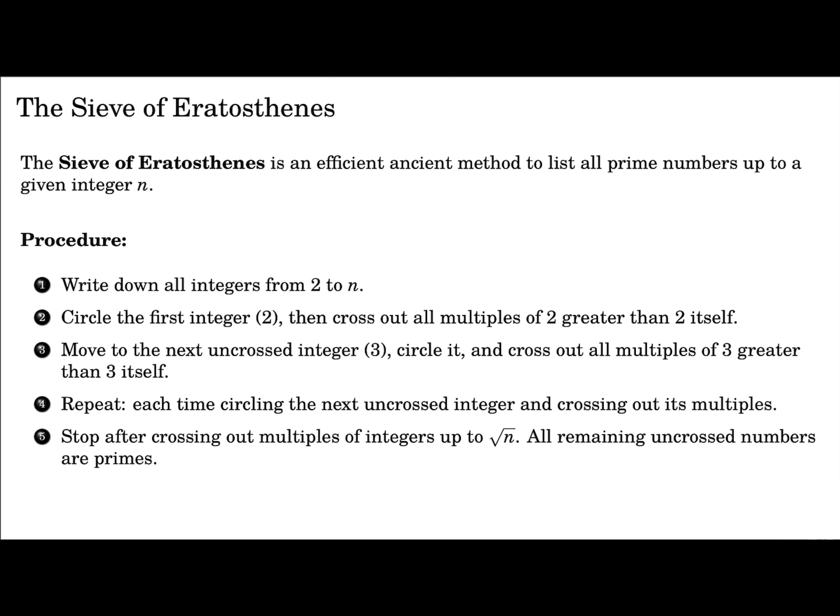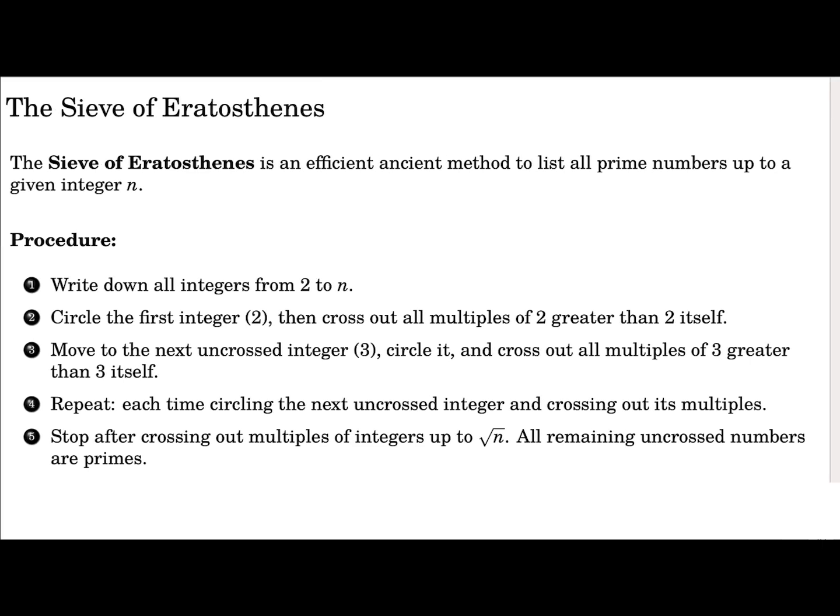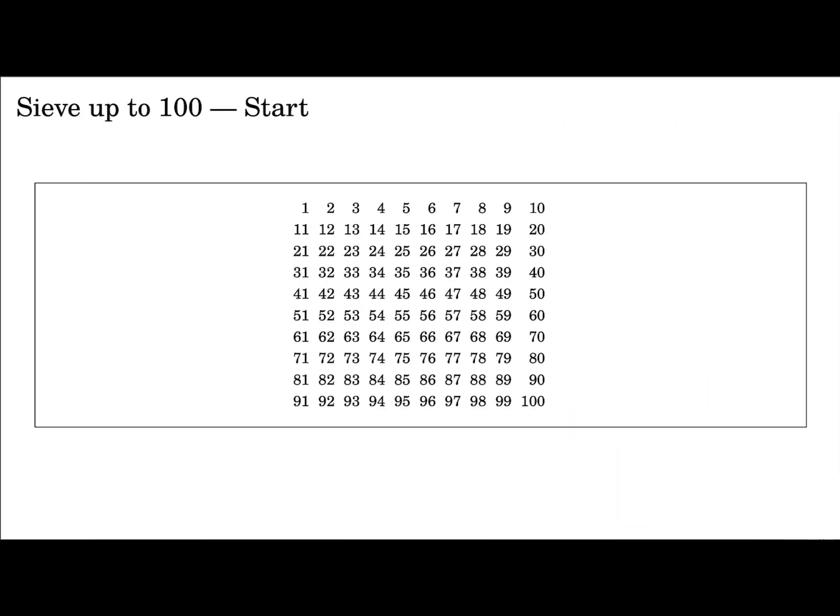And the idea is quite simple, and here we have the instructions, but I think it's easier to look at it with an example. So let's say you want to find all the prime numbers up to 100. What you do is you list all your numbers from 1 to 100. Of course, you'll remove the number 1 because it's not prime.